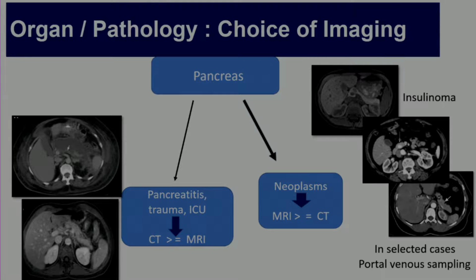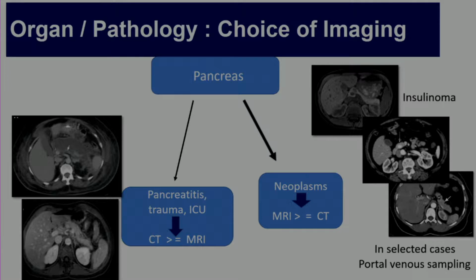And if you are thinking of neoplasms, you will definitely go for MRI more than CT, especially in the case of insulinoma. It is better to go for MRI rather than wasting your time on CT, because you may not get your insulinoma diagnosed.